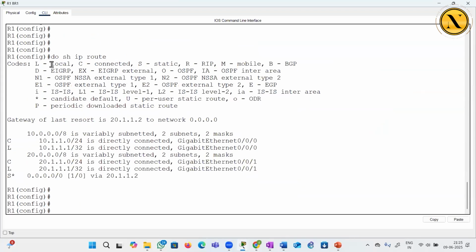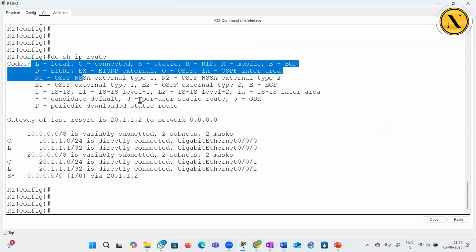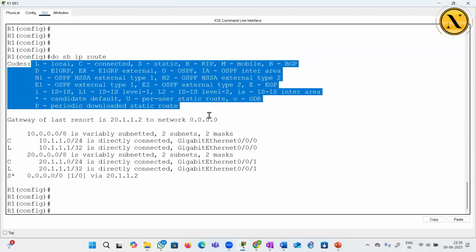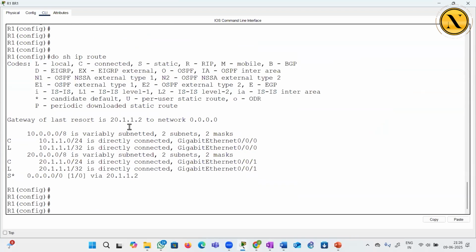Now look, do show ip route. I have now show ip route, a big table here, which I'll explain to you in detail later on. Gateway of last resort is, so if I want to send a packet to anybody, I'll just send it to this guy, above guy, 21.2, right? Look at this, a star. C for connected, C for directly connected subnet, and L for exactly that gigabit zero interface's IP address, which we have given.